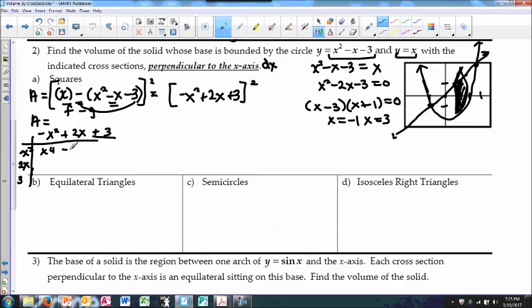Negative x squared times 2x is negative 2x cubed. And negative x squared times 3 is negative 3x squared. Following that pattern, I would end up with negative 2x cubed, positive 4x squared, positive 6x, negative 3x squared, positive 6x, positive 9.